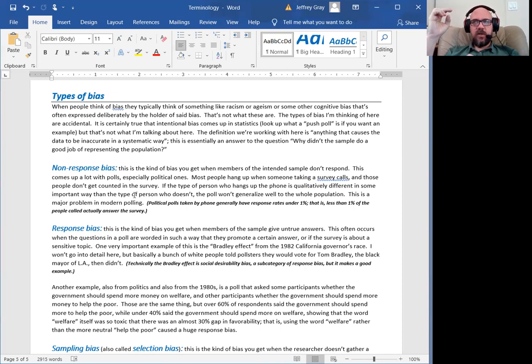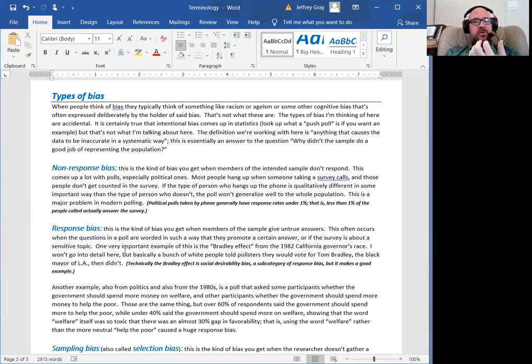A lot of your questions fall right around the 50% mark, with conservatives saying one thing and liberals saying another thing. And so to go well into the yes majority or well into the no minority is quite a big deal, especially for two versions of the same question. So those are a couple of ways you can get response bias. How you word the question, and maybe what the question is about.